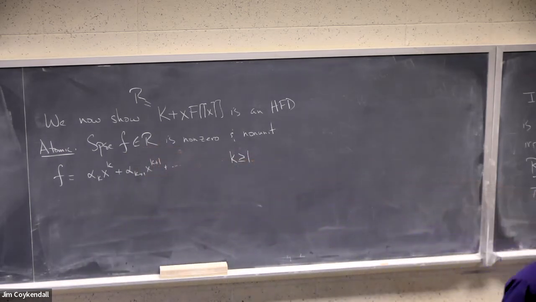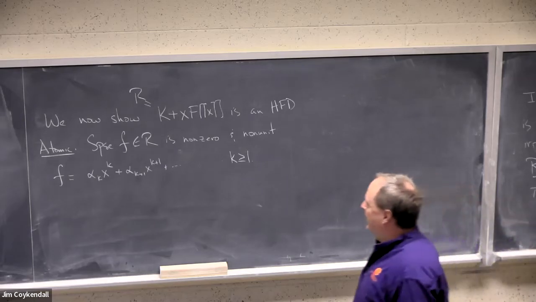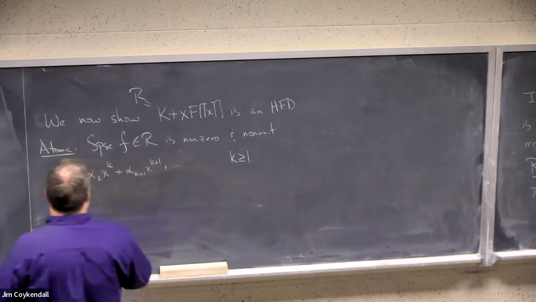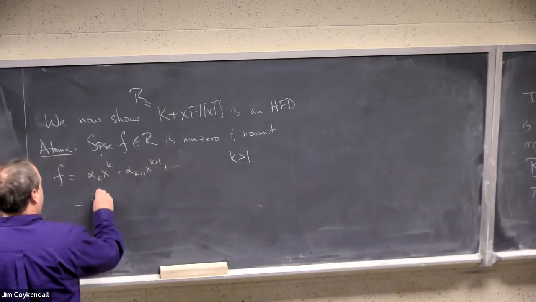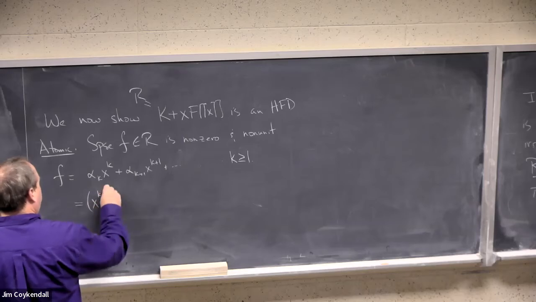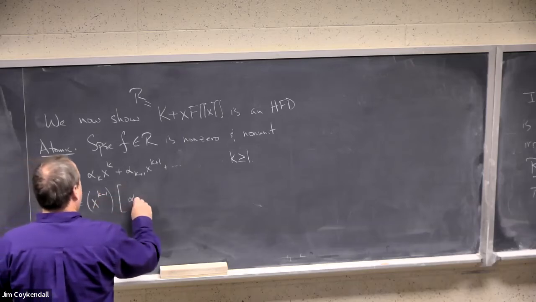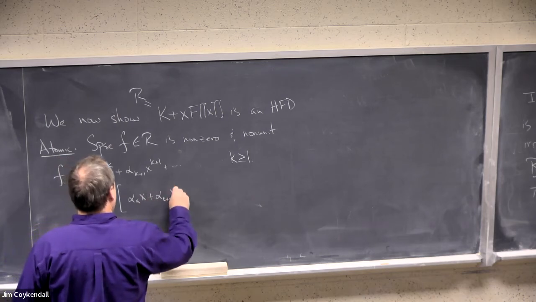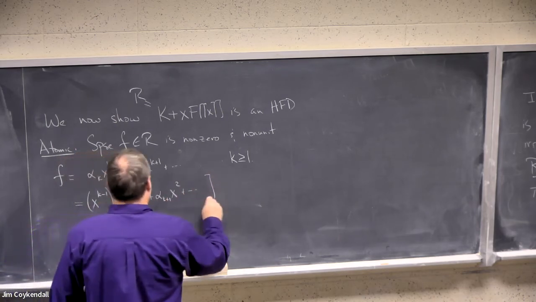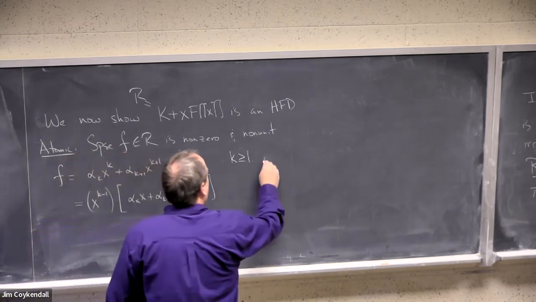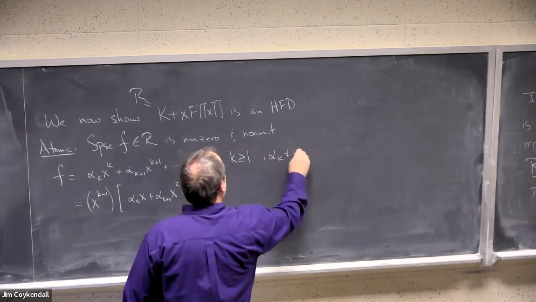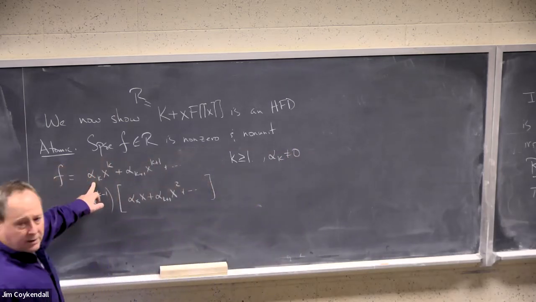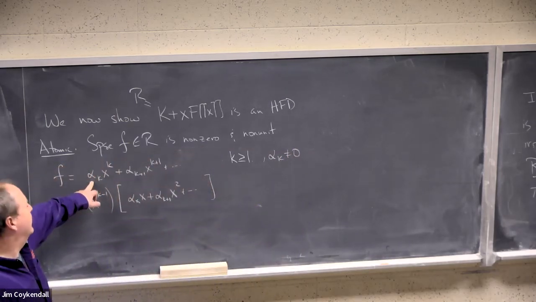But notice that this is x to the k minus 1 times alpha k x plus alpha k plus 1 x squared. And of course, I'm assuming that alpha k is not zero. This is the first non-zero.